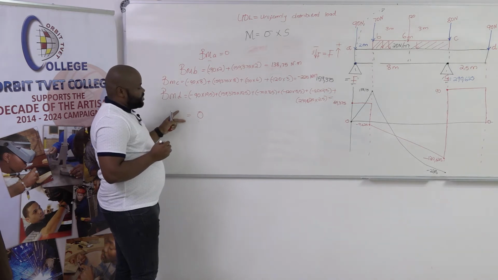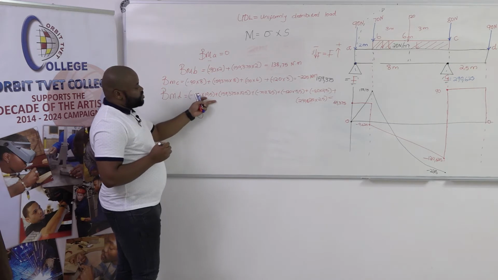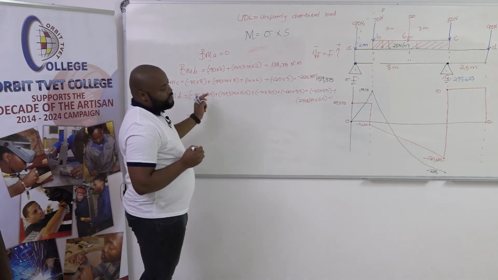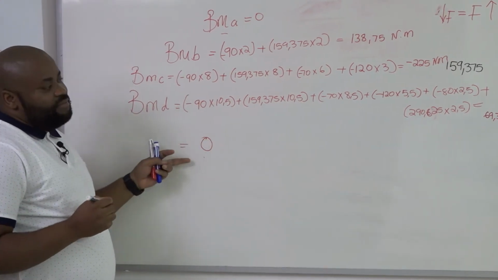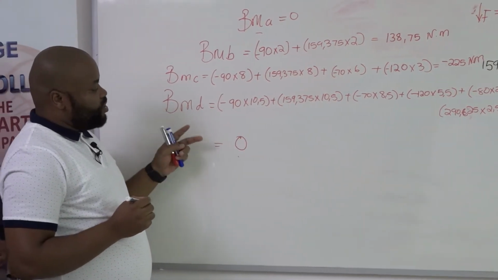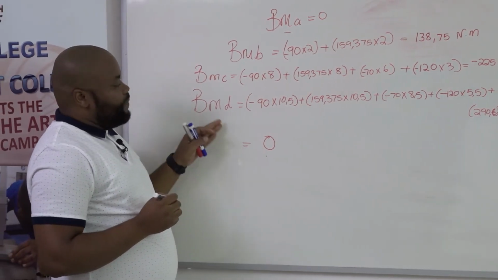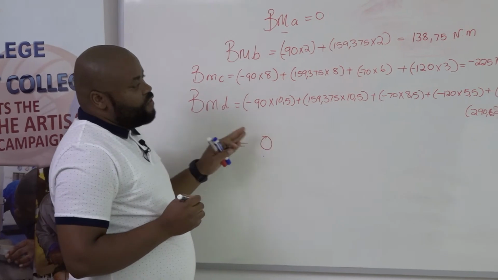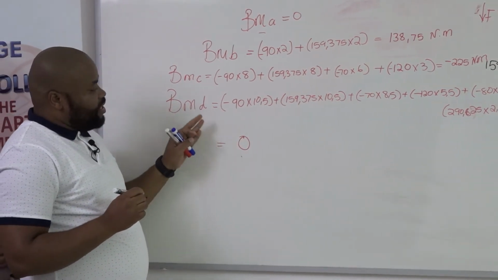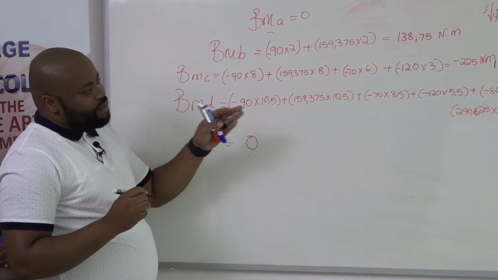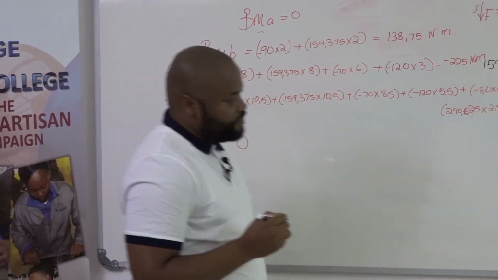So we're now going to go to bending moments at D. Our bending moments at D is the last point of our beam, meaning that it's 0. But we are also able to prove that bending moments at D is 0. Sometimes it is not advisable that you just say bending moments at D is 0. But you must write it in full to prove to the marker or the examiner that you are able to express understanding when it comes to the calculations of this beam.